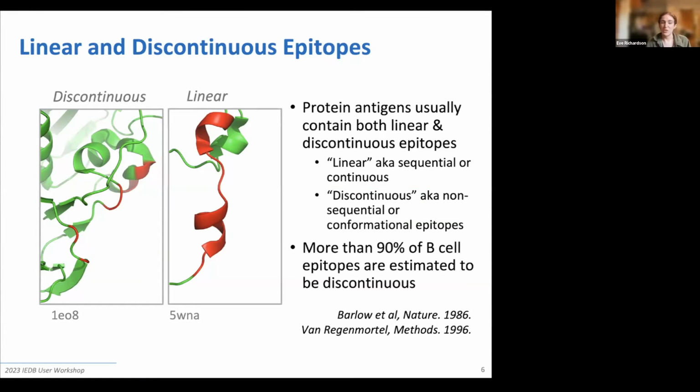And whether an epitope is considered to be linear or discontinuous is very often a matter of the resolution of the method by which you've determined the epitope. So obviously, if you're doing things like microarrays, you'll be more likely to see epitopes in a linear context. But yeah, these are the two major categorizations of epitopes that lots of the epitope prediction tools that we'll talk about make reference to predictions of one or the other.